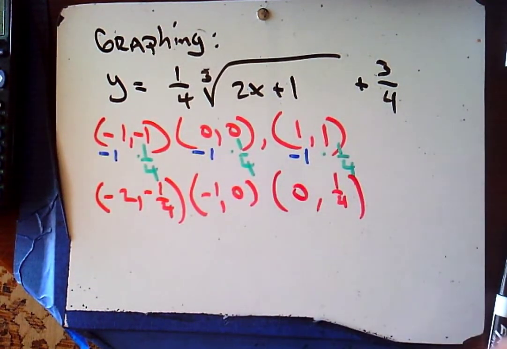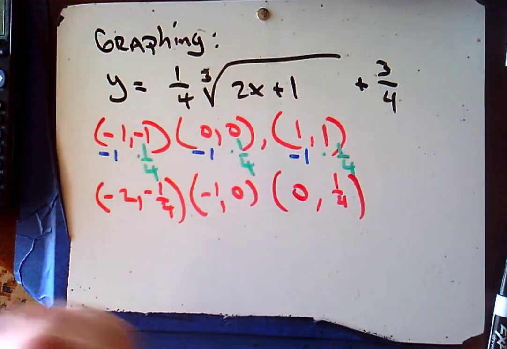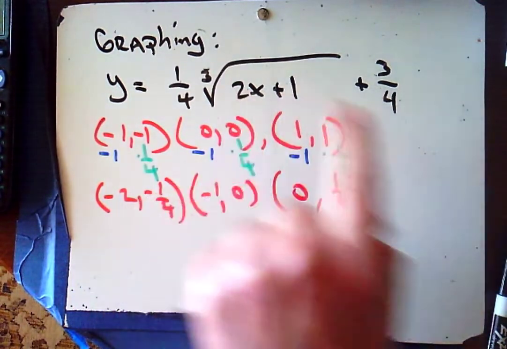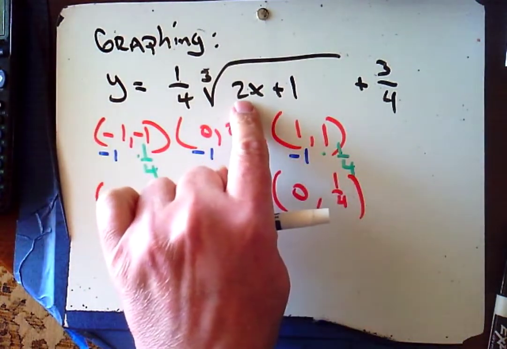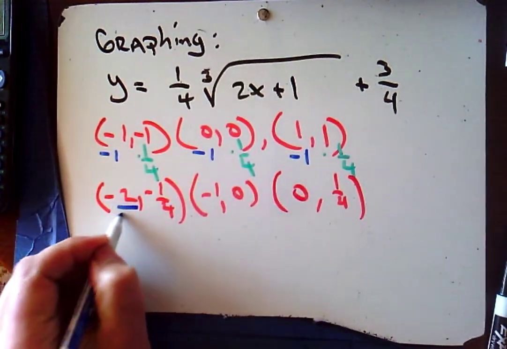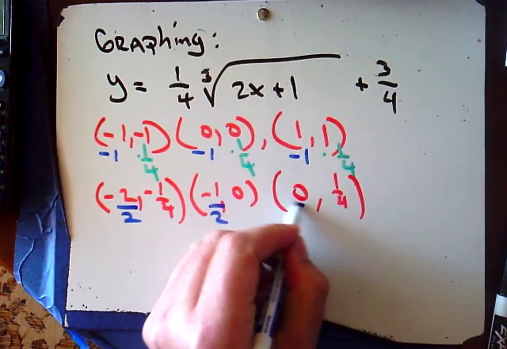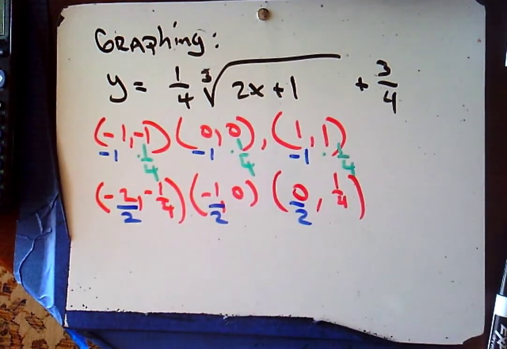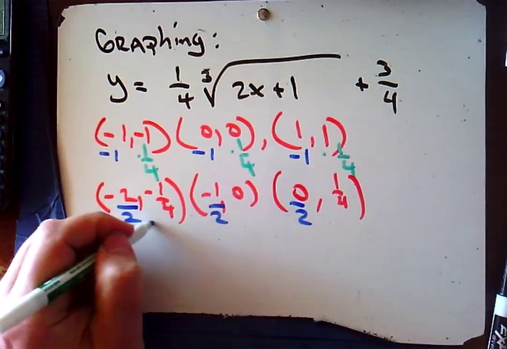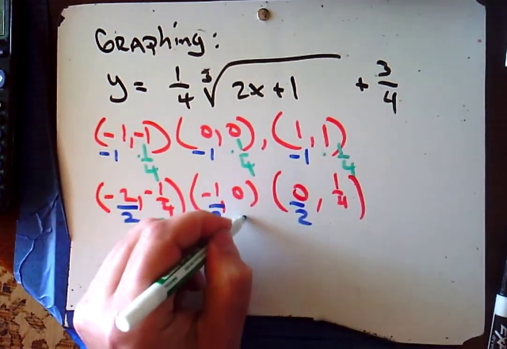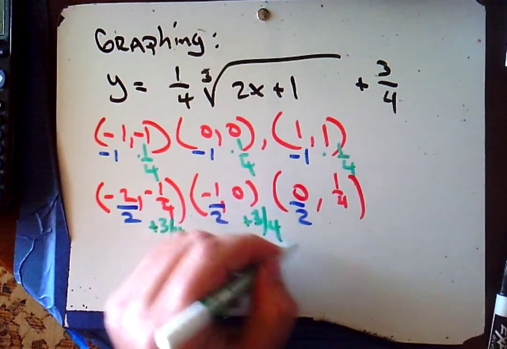That's half the transformations done, but I have to come back and do the second x transformation and the second y transformation. I see times 2, which means I need to divide everything by 2. Or not everything, but all the x's. And I see plus 3/4, so I know I need to add 3/4 to all the y values.